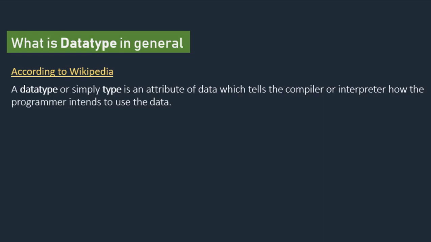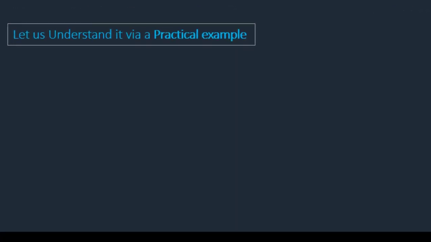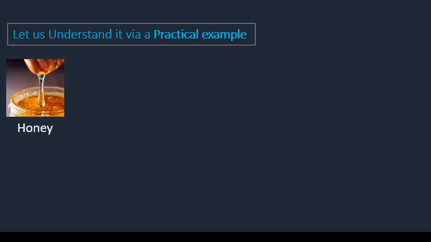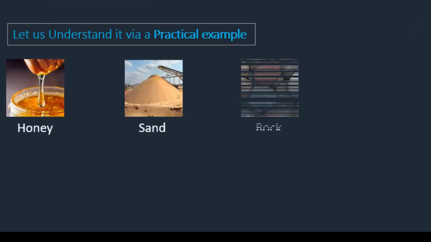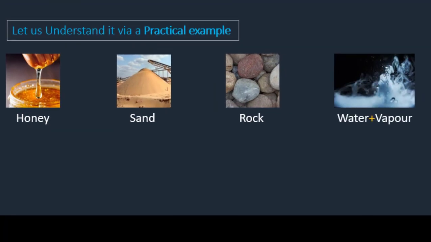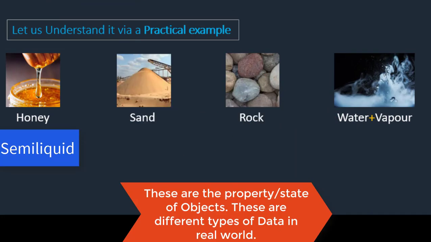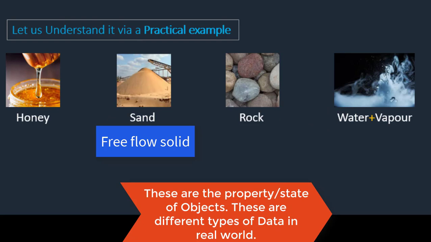That means we have different kinds of data like integer, boolean, string. To make it easier for you to understand, I have a practical example. We can understand it through a real world situation. So let's consider honey, sand, rock and water plus vapor. You can interpret these as different objects. Honey is a semi-liquid, sand is a solid, but it's not exactly a solid like a rock.